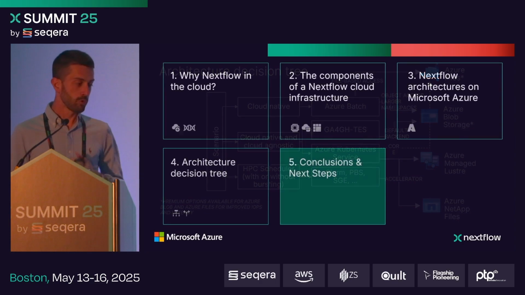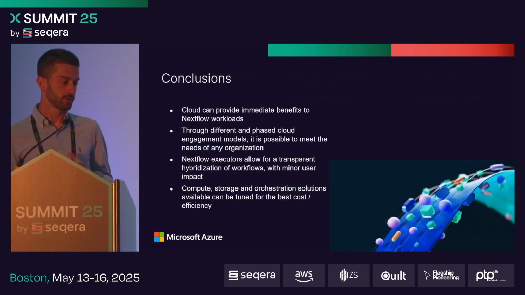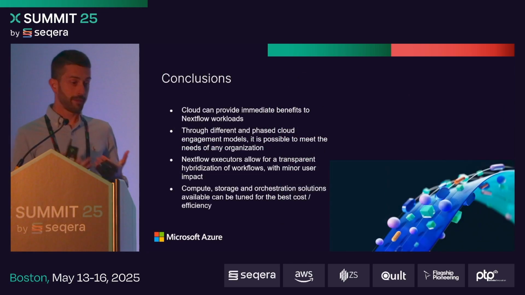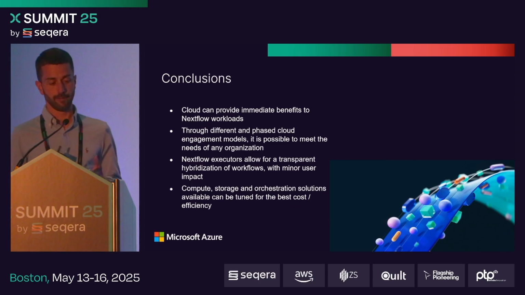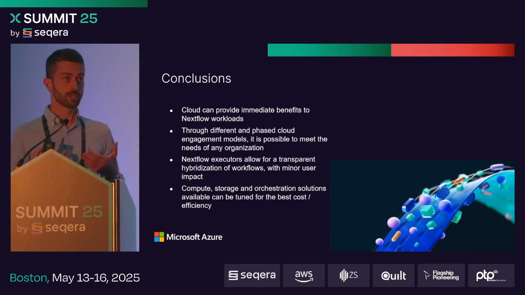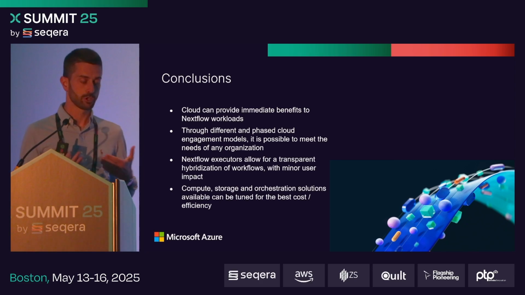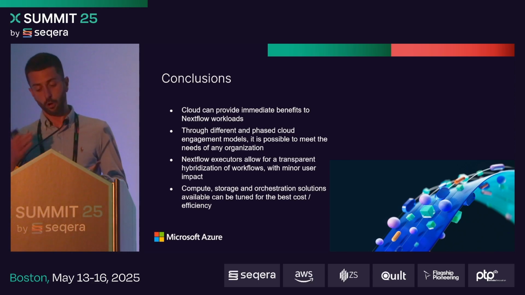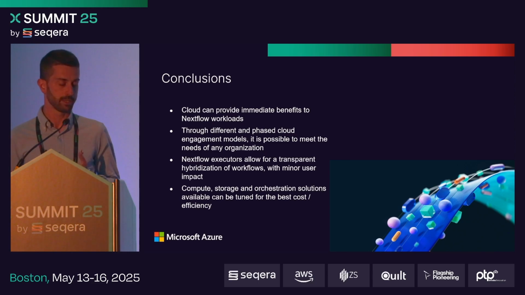Concluding the session, I would like to say that the main takeaway is that the cloud can provide benefit to any organization for their pipelines, and this, of course, should follow a phased approach and a very ad hoc approach. There are organizations that are ready for a full cloud scenario, organizations that can take advantage only of a partial hybridization.